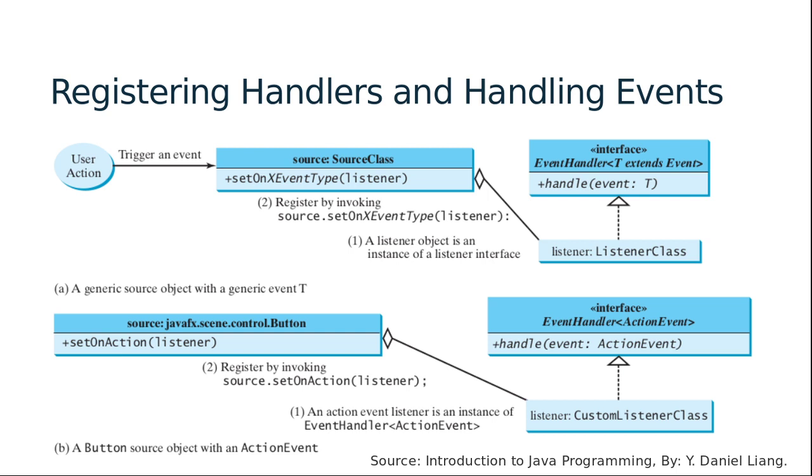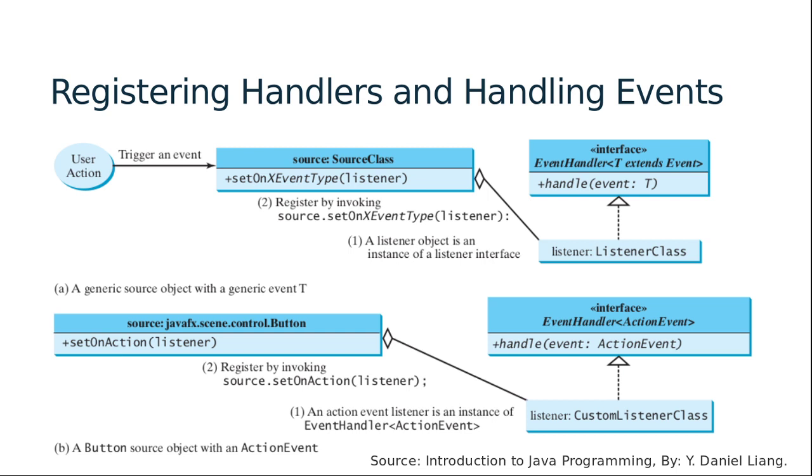So set on X event type: set on action, set on mouse click, set on key pressed, and so on. And in the brackets we pass a listener or a handler. That listener is nothing but, look at the right side, a listener class object which actually takes a handler, so an event handler.